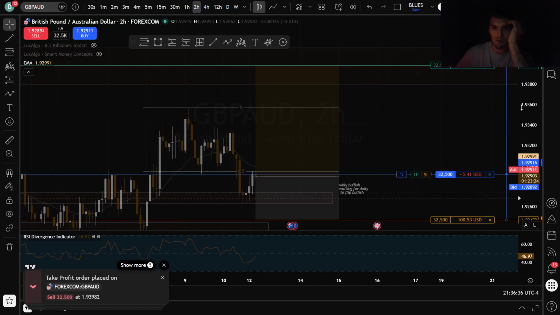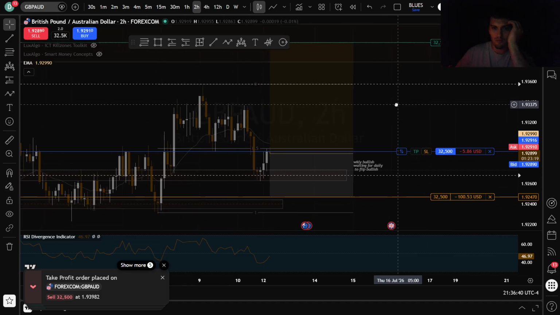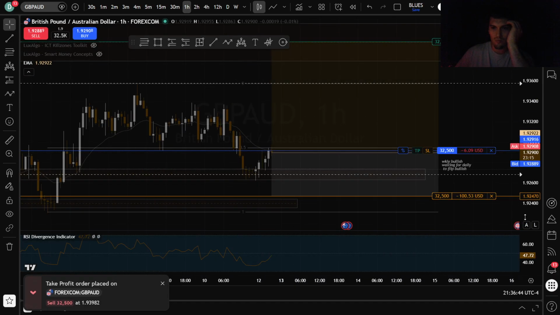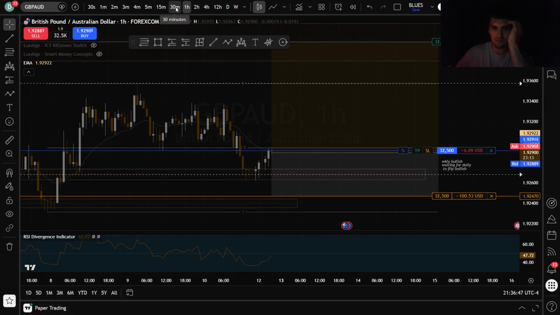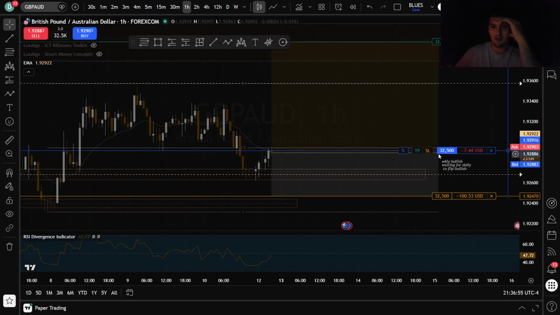So if we get somewhere around here, I would then want to reduce risk. And see, we did not wait for a candle closure there, so that could bite us. I did just go against my rules.